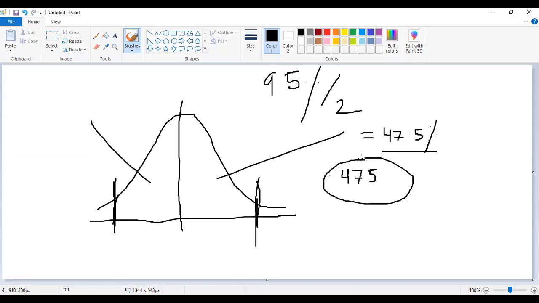The Z value corresponding to 0.475 area is 1.96. This is the simplest method. I have given you the Z table, so all of you please locate 0.475 and check whether you are getting 1.96 or not.